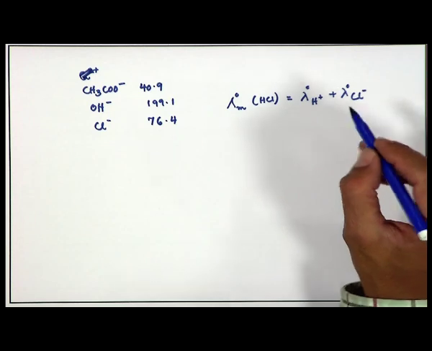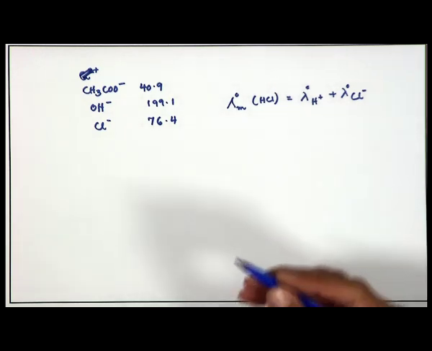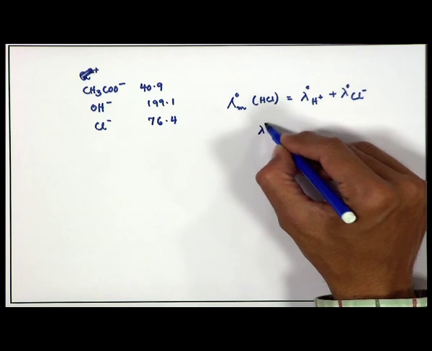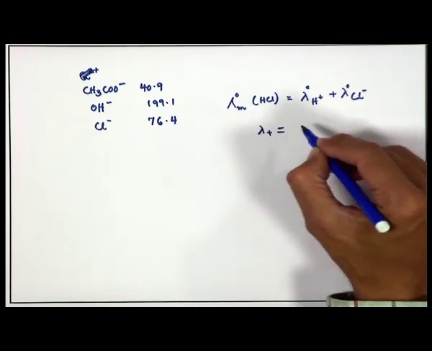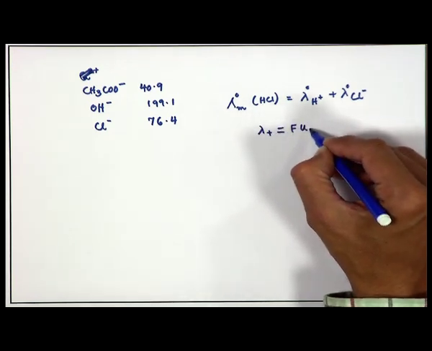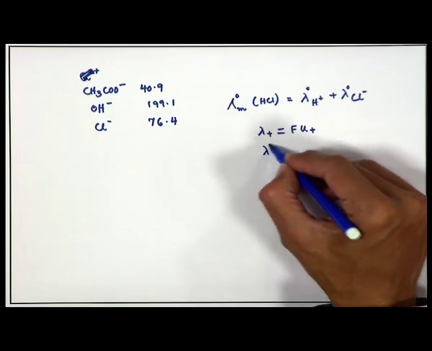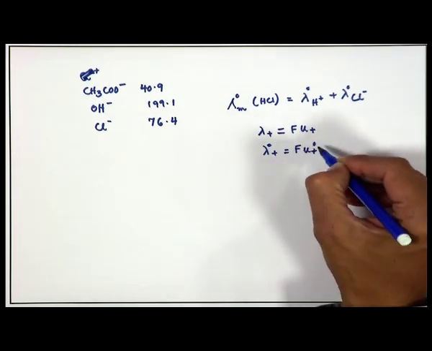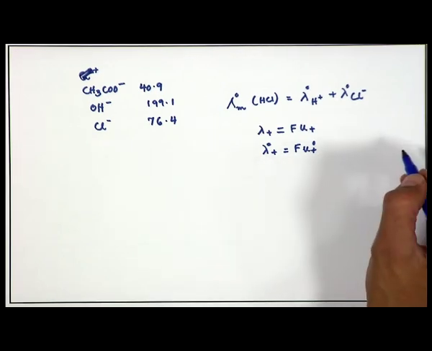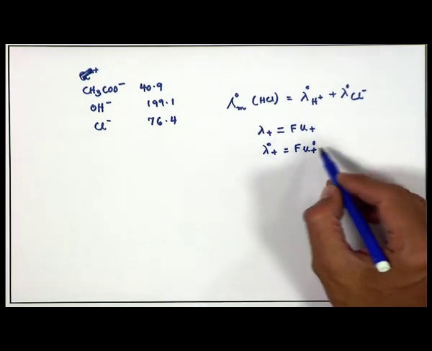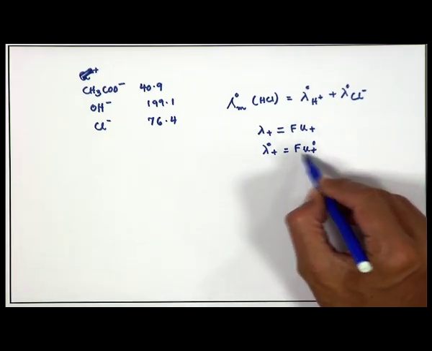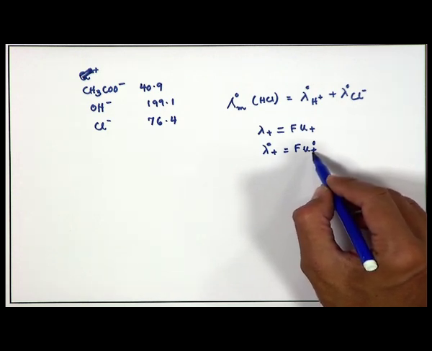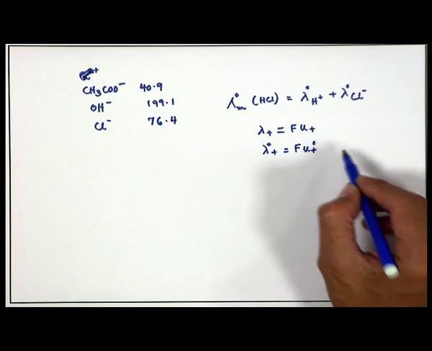But best will be to find out the mobility of ions, and basically the expression is lambda plus equals F into U plus, or lambda 0 plus is equal to F U plus 0. By experimental procedure there are several methods by which you can find out this mobility. Mobility is basically the speed per unit potential gradient, that is volt per centimeter.